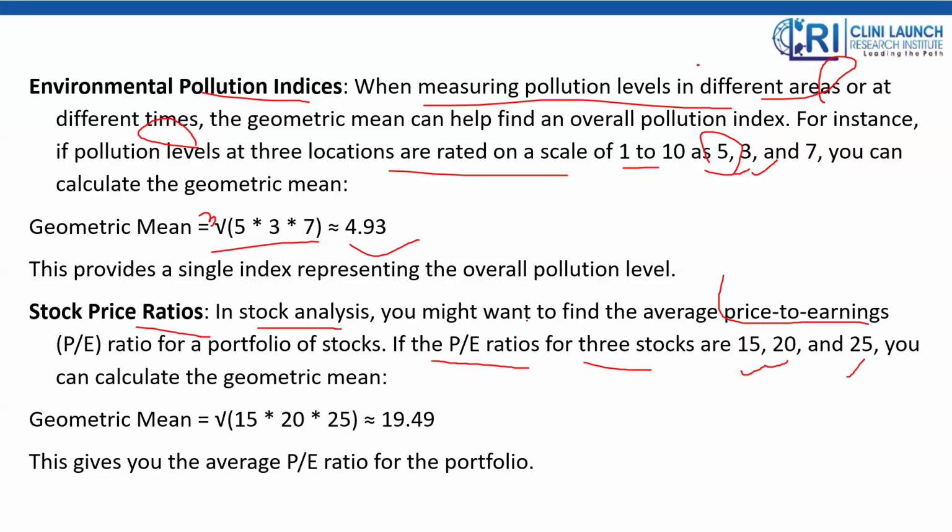The data is in the form of ratios. So what is the geometric mean? How will you calculate the average ratio of all the stocks? You will multiply and take the root of this. You got the average stock ratio as 19.49. So whenever your data is in ratios and percentages, you will use the geometric mean formula.